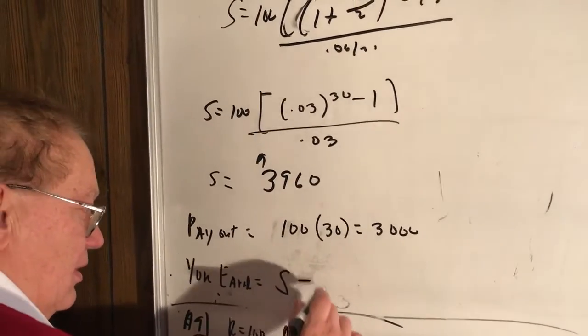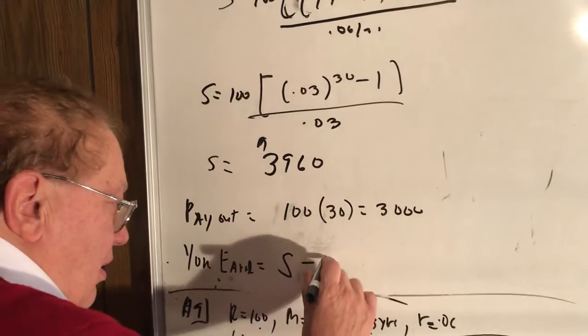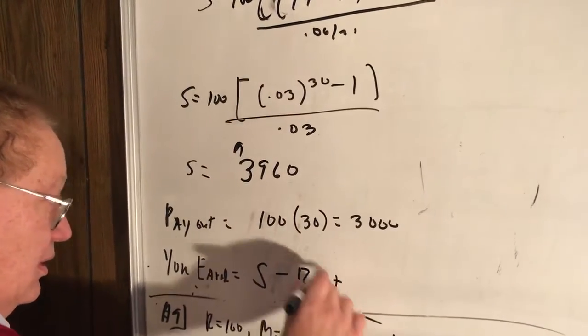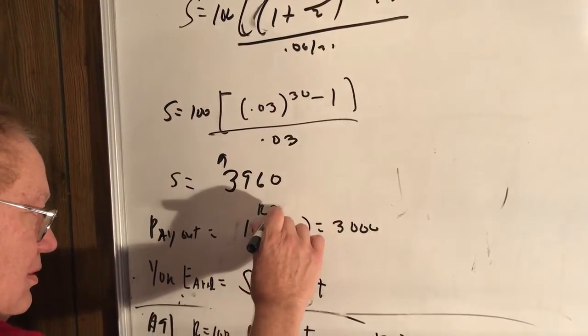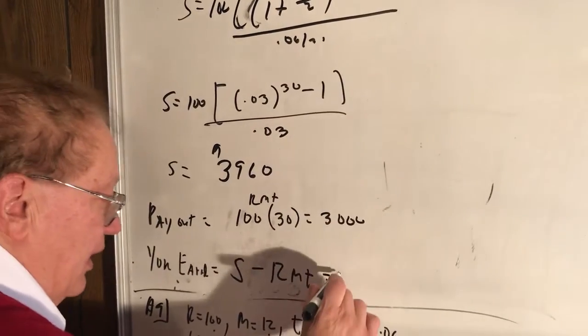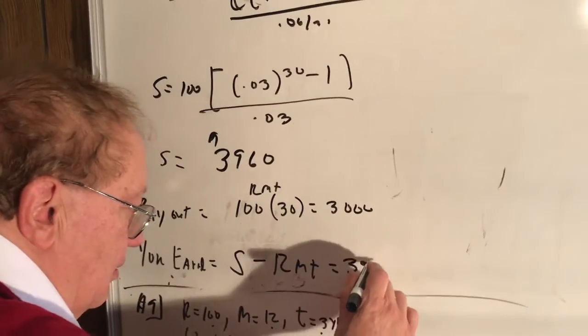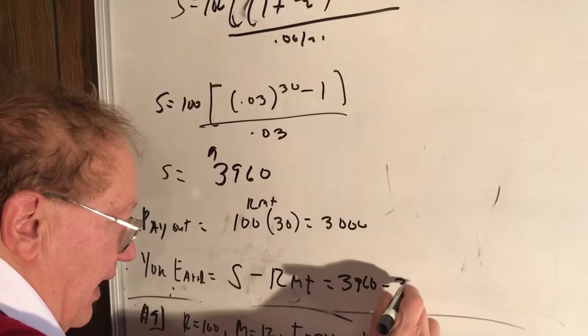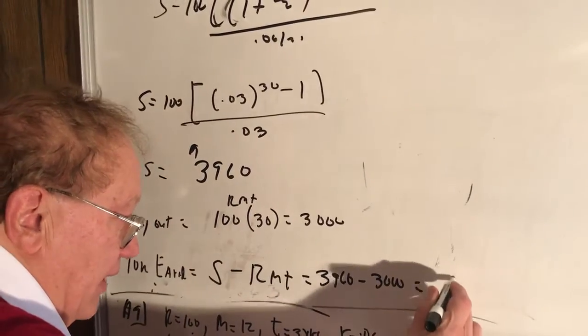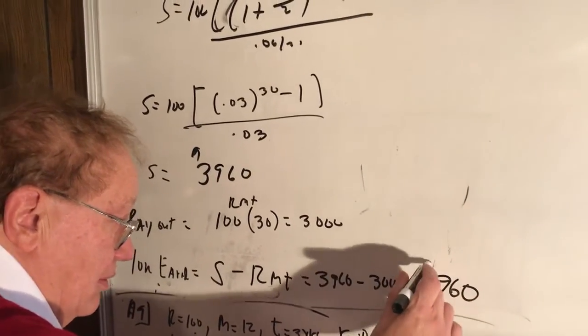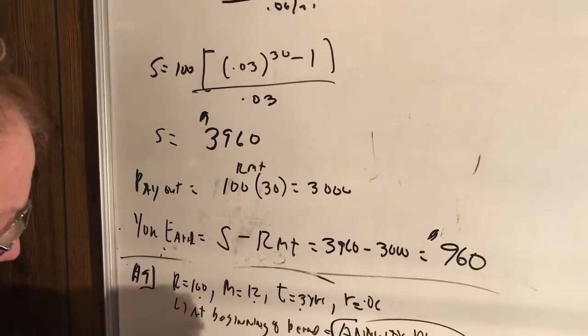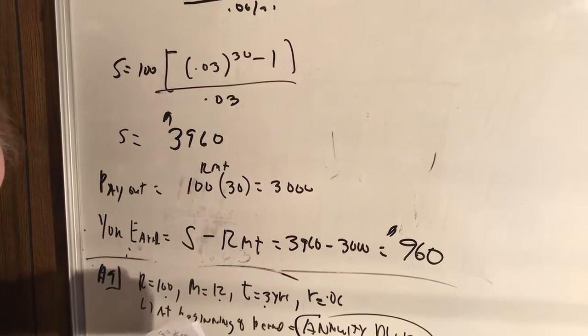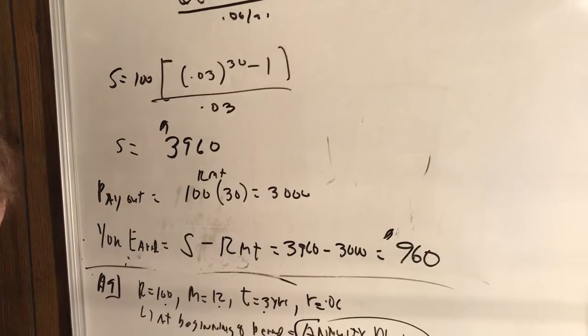S minus RMT, which is this. So it's 3960 minus 3,000. So you earn $960 in the annuity due. All right, let's go to number 10.